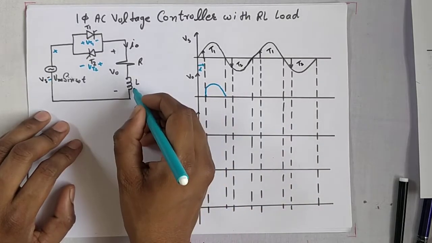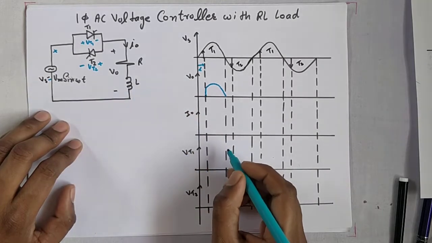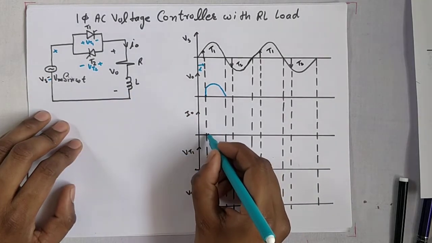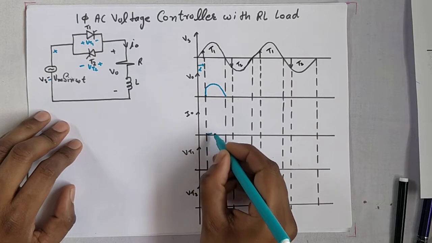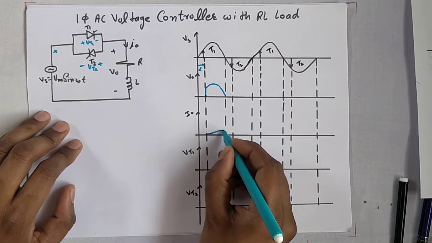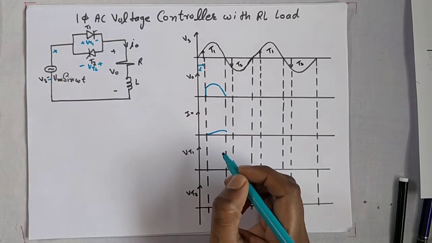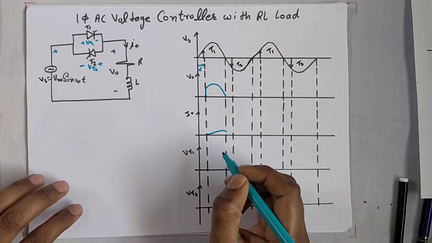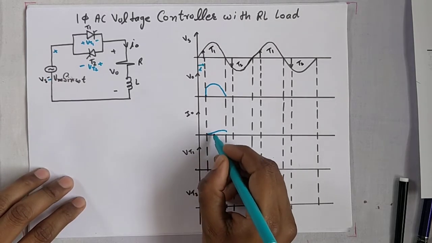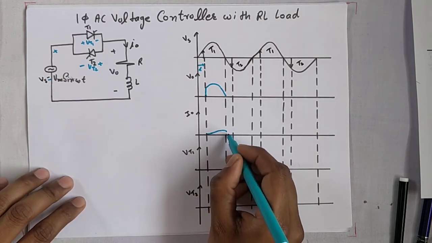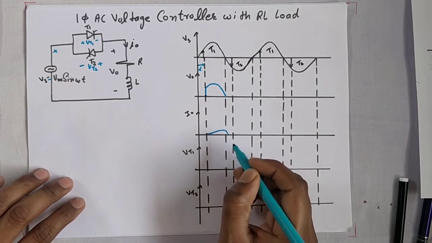And due to inductance, current will increase slowly and decrease. It will not increase as when only R is connected. Due to inductance it will increase slowly and decrease slowly, like this.